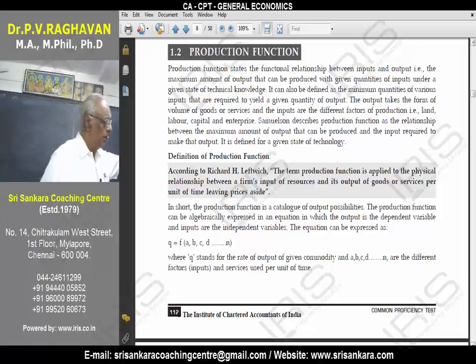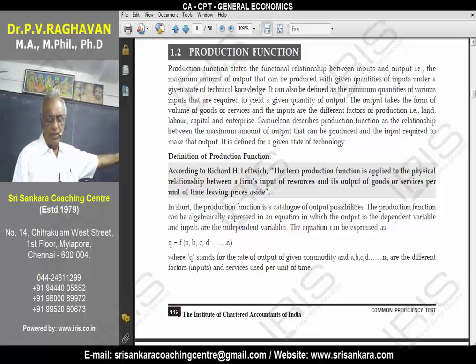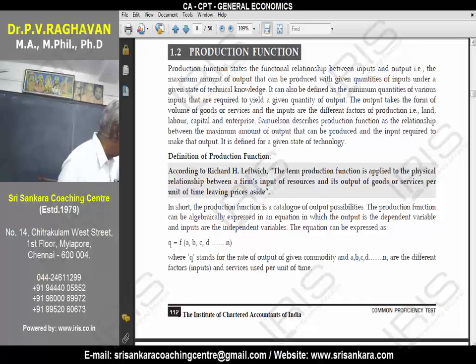See this. The term production function is applied to the relationship between input and output. So, that is first. Then, the production function can be stated by the following equation.